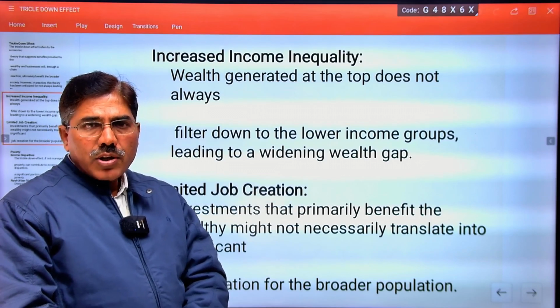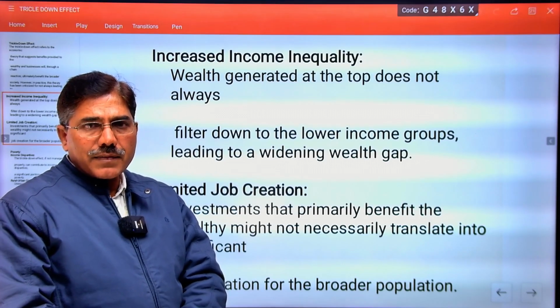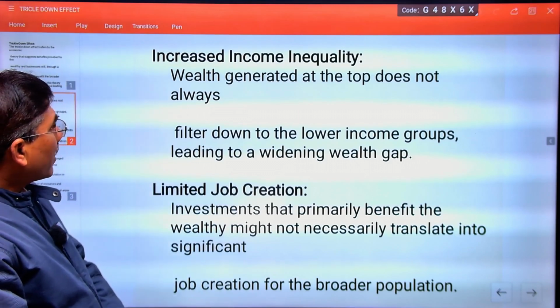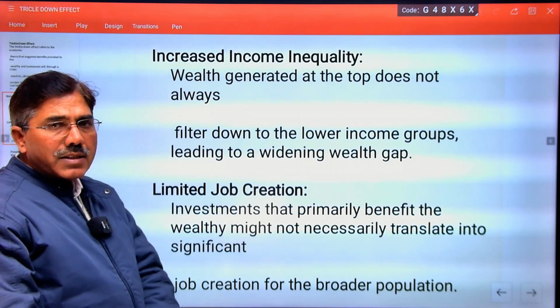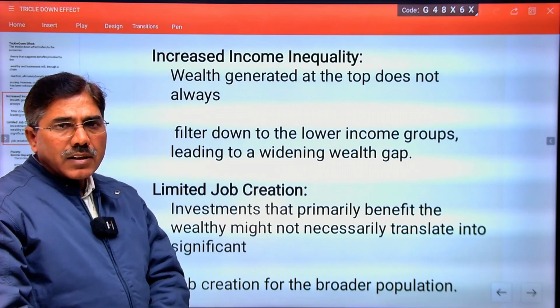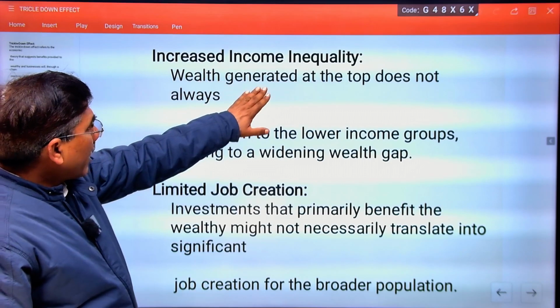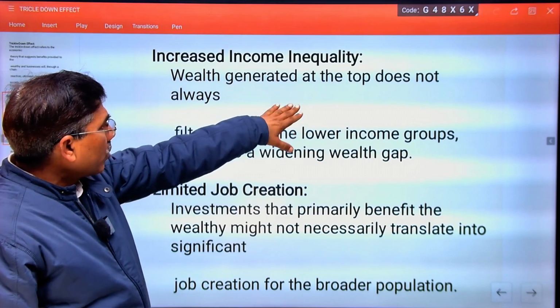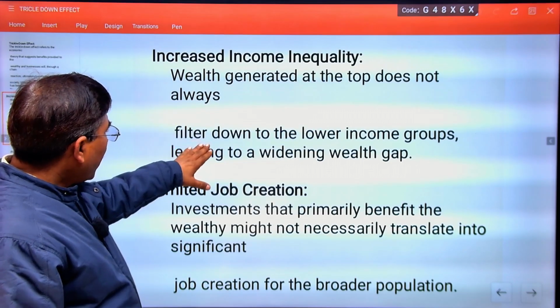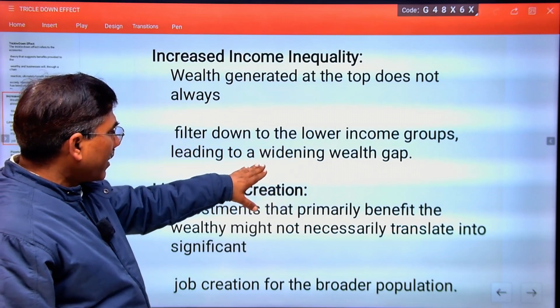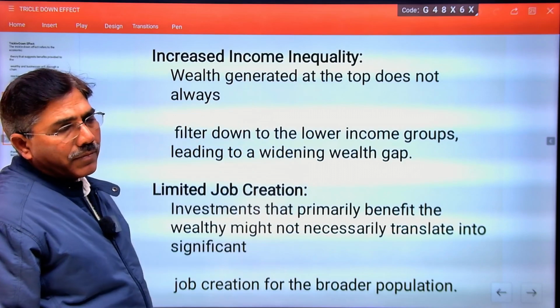There is no further acceleration effect or multiplier effect in our economy. Ultimately, this trickle down effect theory began to increase the inequalities in the society. Richer become richer, poor become poorer. Wealth generated at the top does not always filter down to the lower income groups, leading to a widening wealth gap. Why this wide gap?